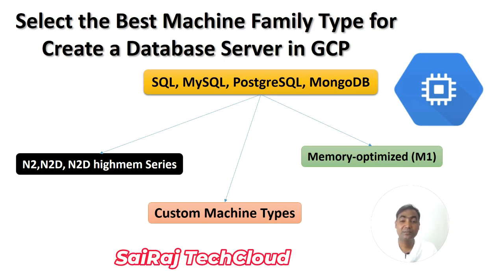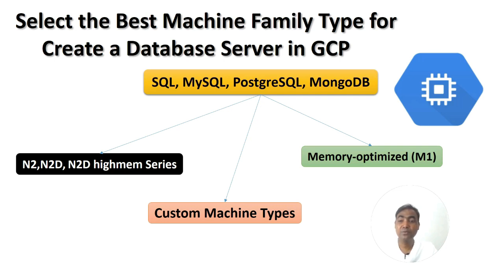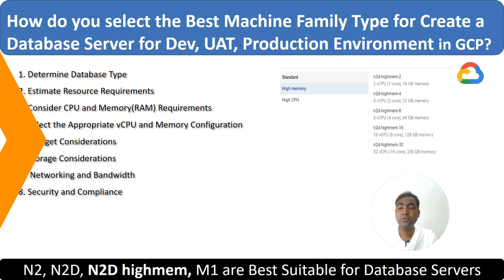If your requirement is a small database server, then you can go for the general purpose machine family type. If you have a critical database with huge data and require huge memory, then you can go for memory optimized machine types.